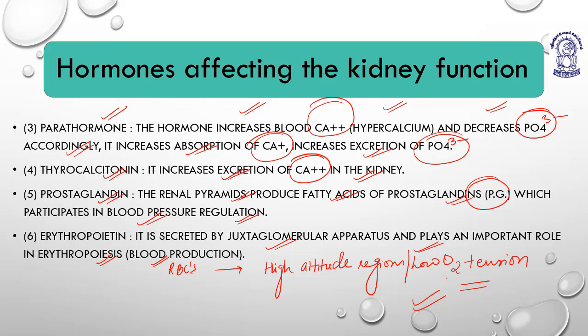So parathormone, thyrocalcitonin, prostaglandins, erythropoietin are some of the hormones related to kidney functions.